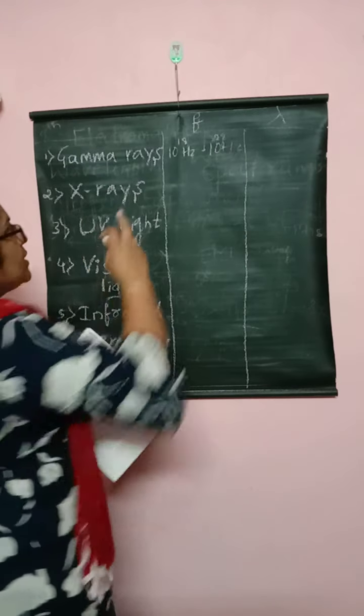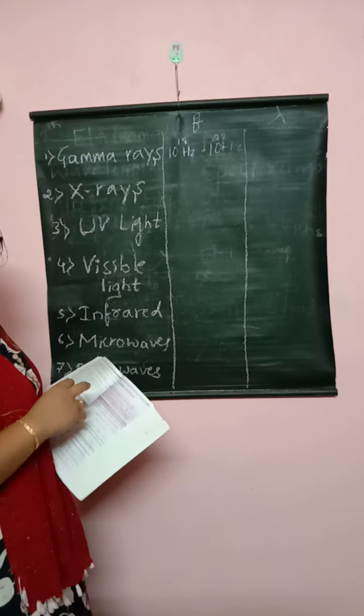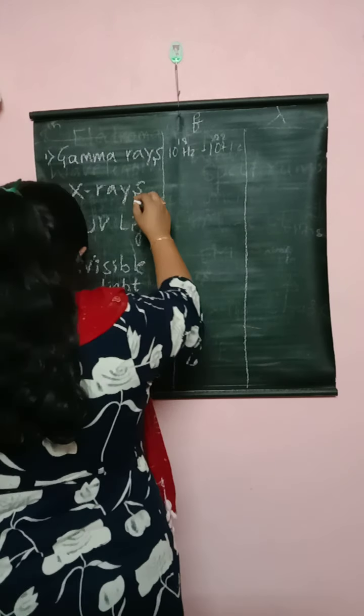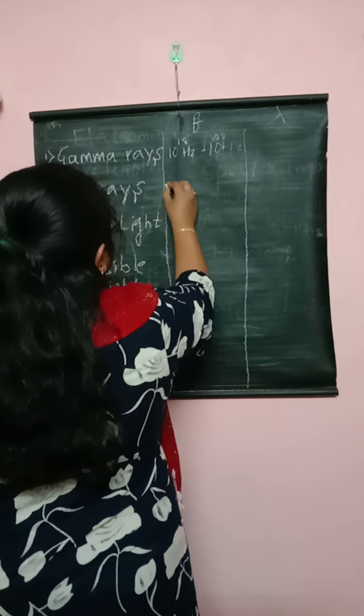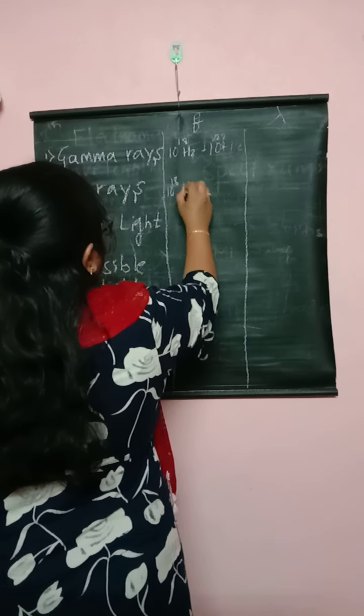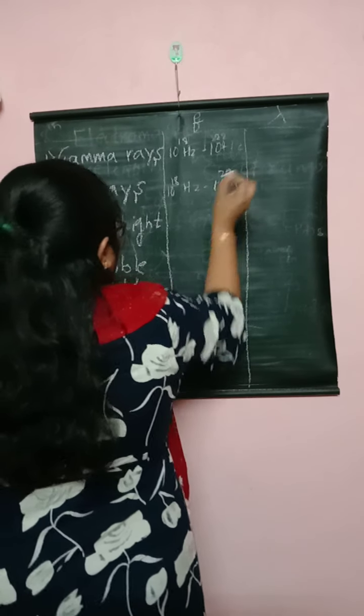Okay, go on writing. The gamma rays have the frequency 10 raised to 18 hertz to 10 raised to 22 hertz. X-rays have the frequency 10 raised to 18 hertz to 10 raised to 20 hertz.